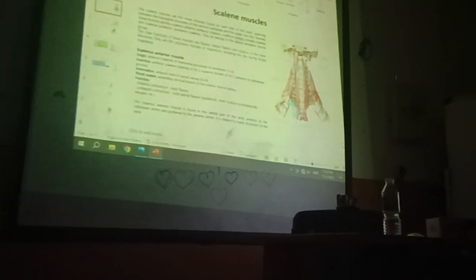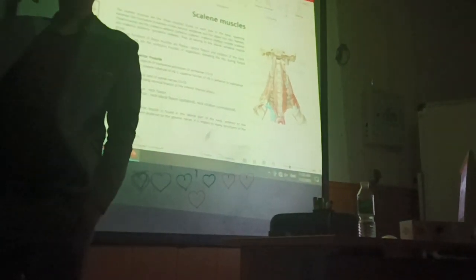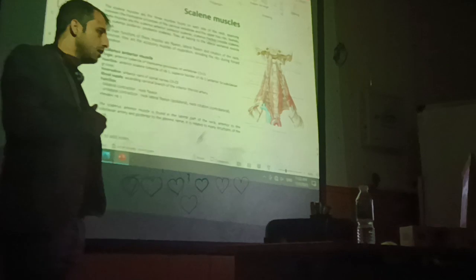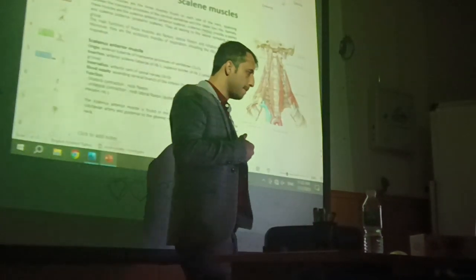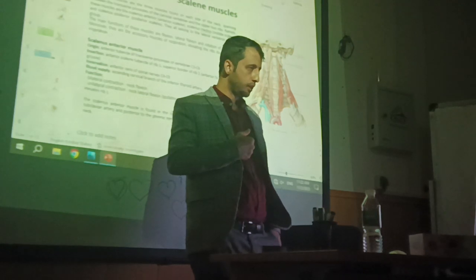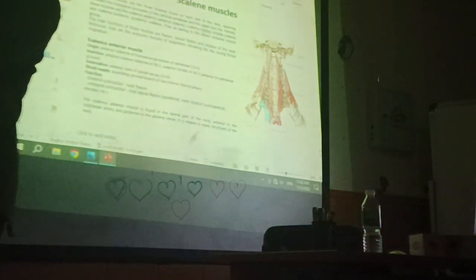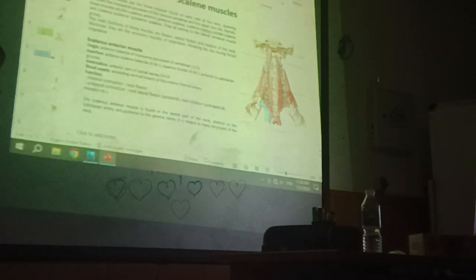Now the function of the anterior scalene. What is the function of the anterior scalene? What do you think? First, what is the insertion of the anterior scalene? Its insertion is the superior surface of the first rib, at the scalenus tubercle.